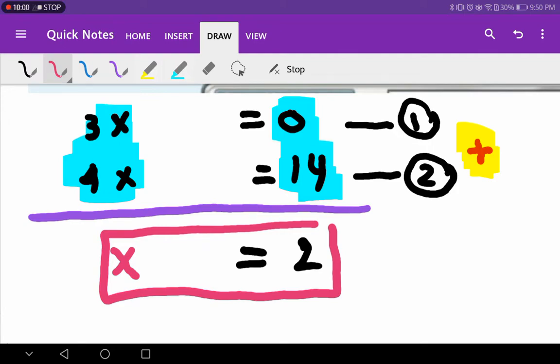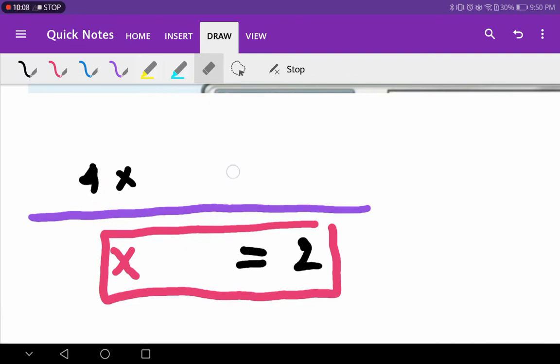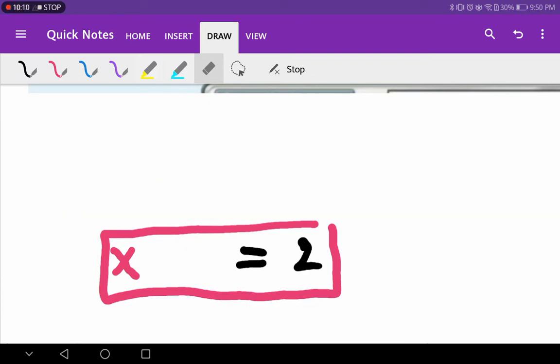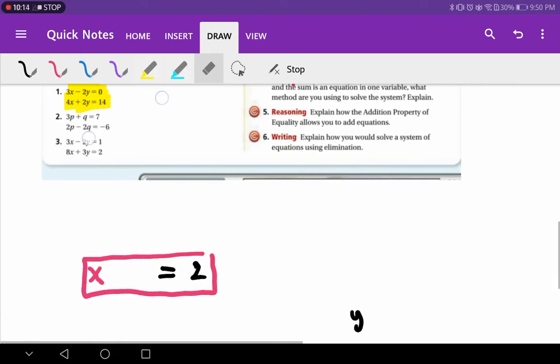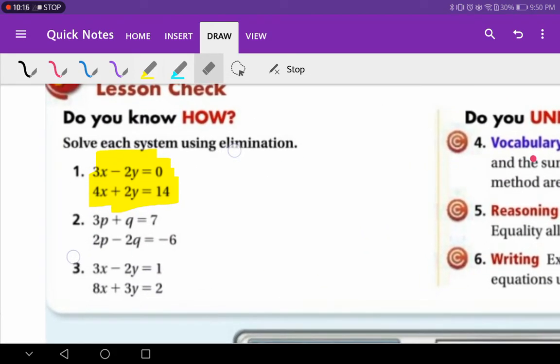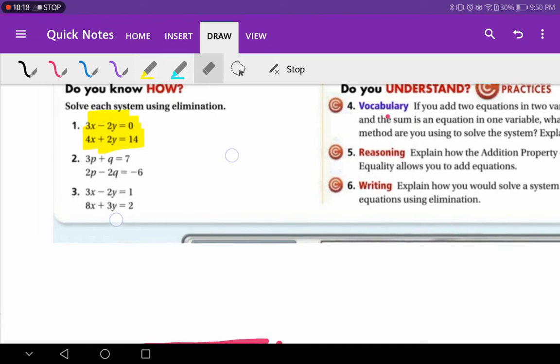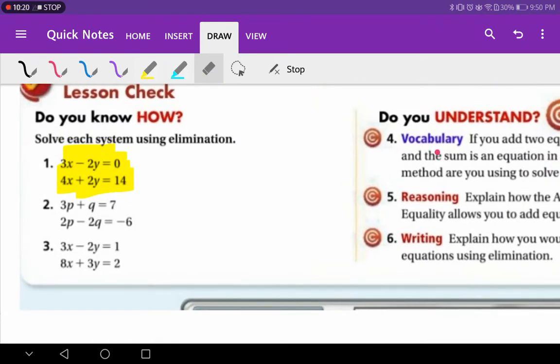Now I will choose one of them. Okay, now I'm done with this. I come back to the original equations, my dear student, which are here, and I bring with me x equals 2.